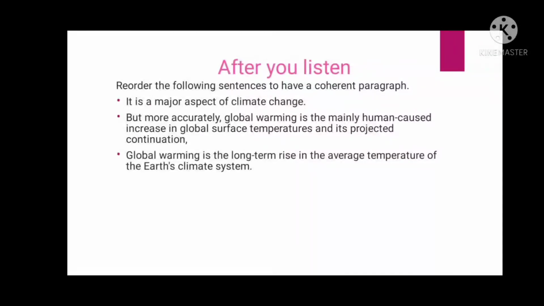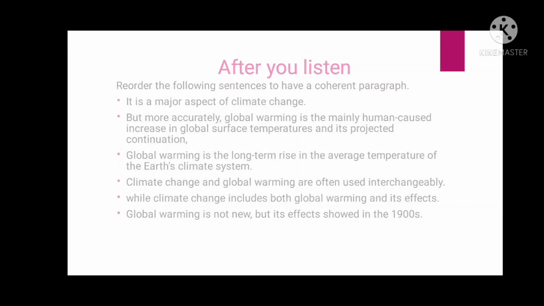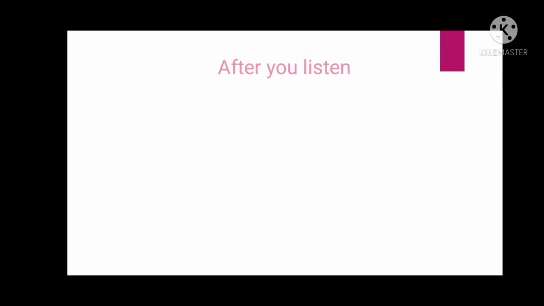Global warming is the long-term rise in the average temperature of the Earth's climate system. Next, climate change and global warming are often used interchangeably. While climate change includes both global warming and its effects, global warming is not new, but its effects showed in the 90s. Okay, I would like you to make a pause, try to do the task, and let's do the correction together.